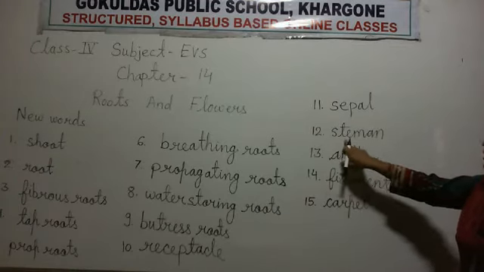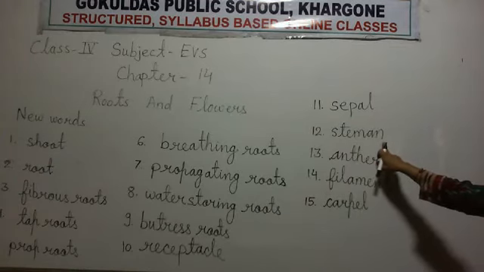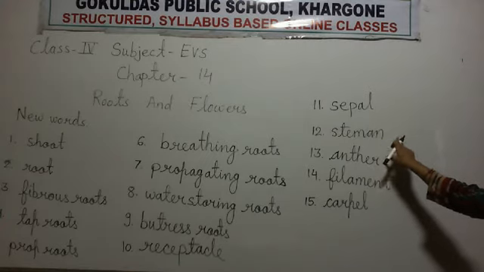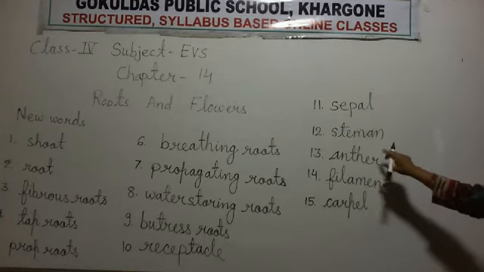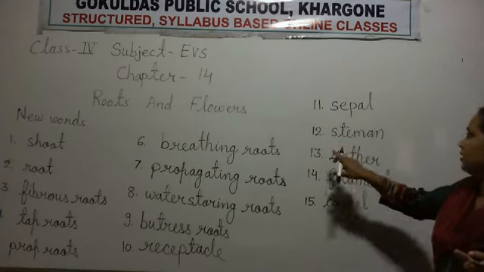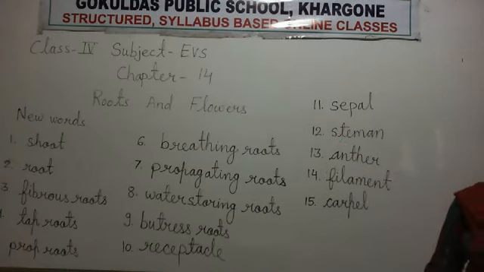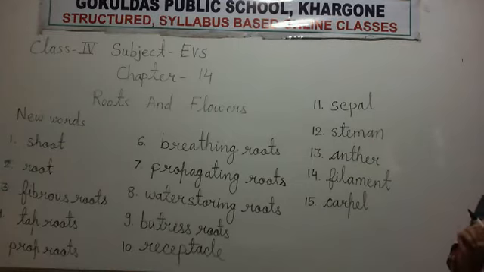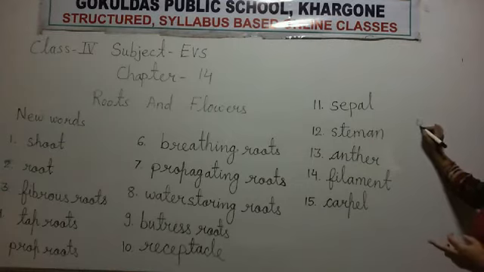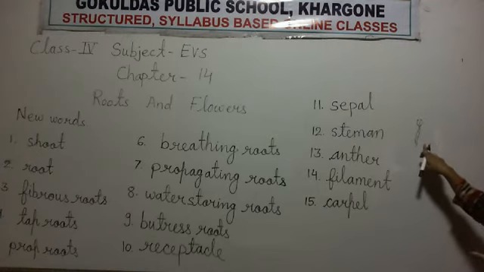Now the next number, stamen. What is the stamen? Stamen is the male part of a flower. Clear? And how is the stamen formed? Basically two parts make a stamen, that is the anther and filament. This structure is the stamen.